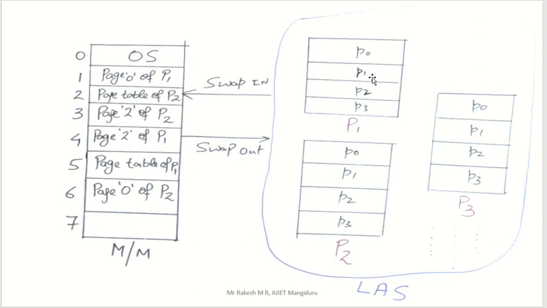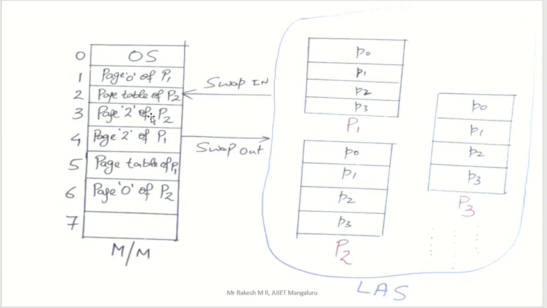So for this process we have one page table, and for this process we have a page table. That page table contains page numbers and frame numbers. That means which page is stored in which frame is also there in your page table. So that page table we also store in main memory. The page table of P2 is there in frame 2.